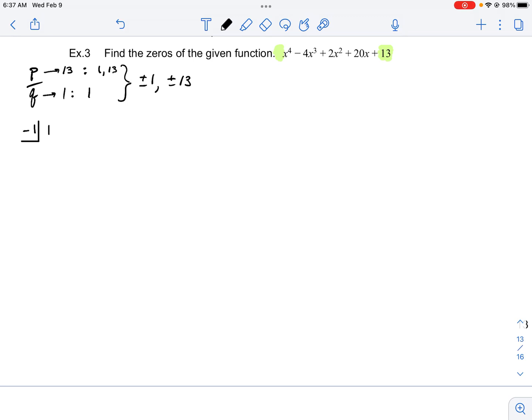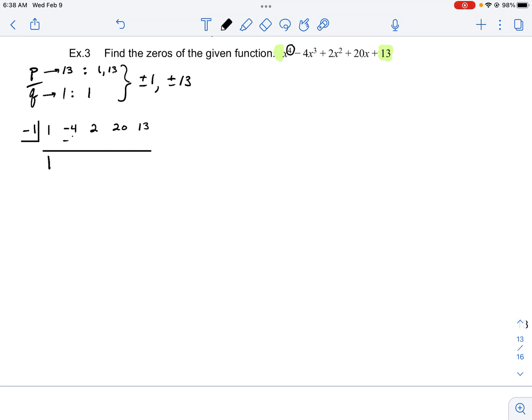As I set up my synthetic division, so 1, negative 4, 2, 20, and 13, I'm also thinking about my exponent. I have a 4, so all 4 of my roots could be real or rational, I might just have 2, or none of them will be. So either all 4 of these are going to work, or only 2 are going to work.